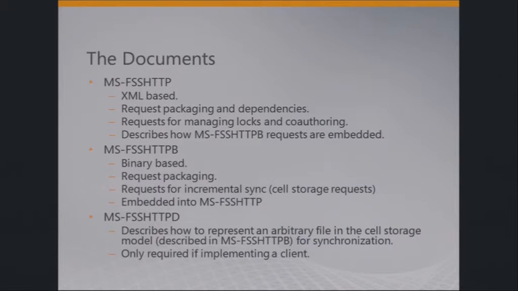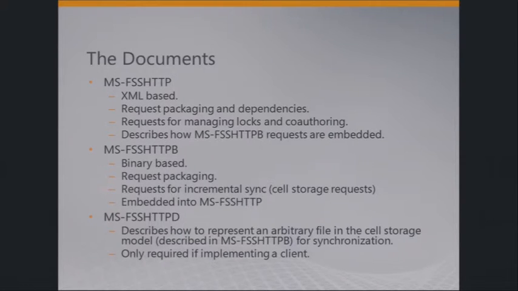So as I said, the organization of the documents actually requires a little bit of explaining. When you look at the FSSHTTP one, you'll find that the format of it is very XML based. The schema is SOAP inspired and breaks down into a set of XML schema for describing this packaging mechanism and for describing the various locking requests and the co-authoring requests.